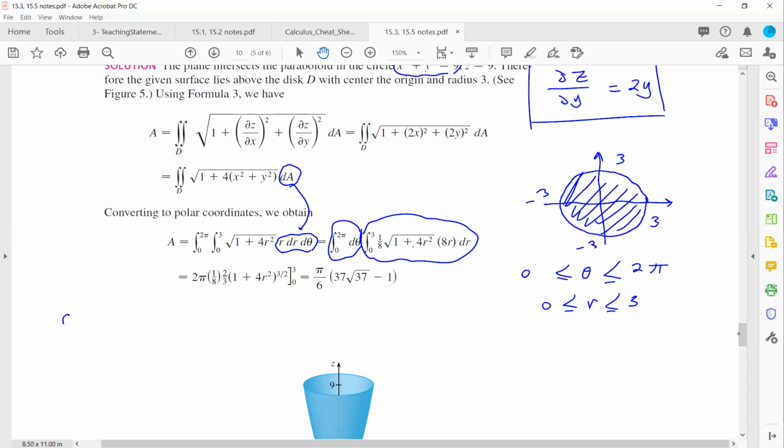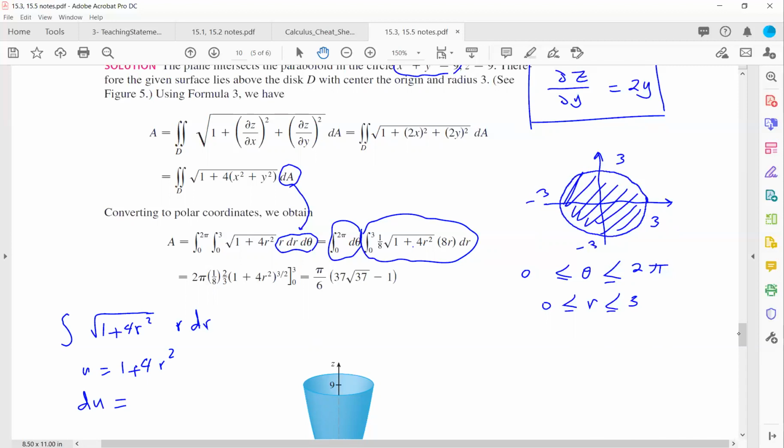Take a look at this. The integral of square root of 1 plus 4r squared, r dr. First of all, by substitution, your u is equal to 1 plus 4r squared.